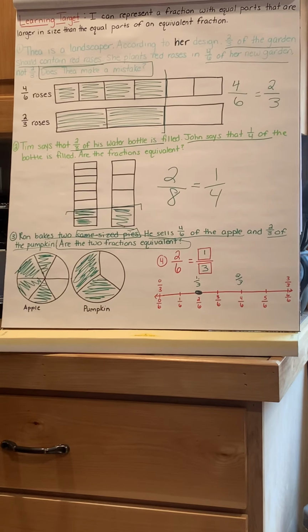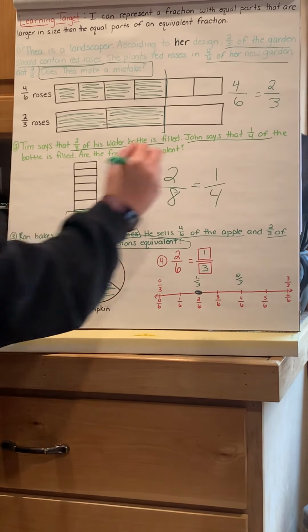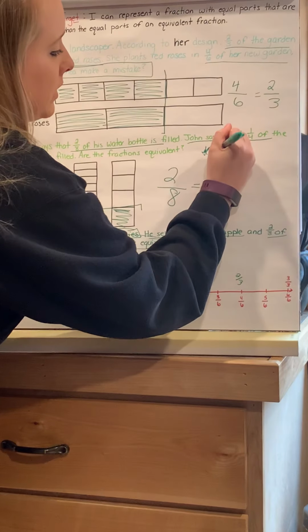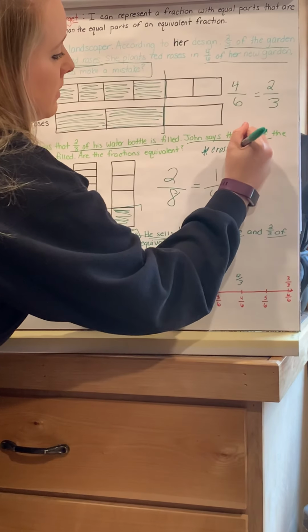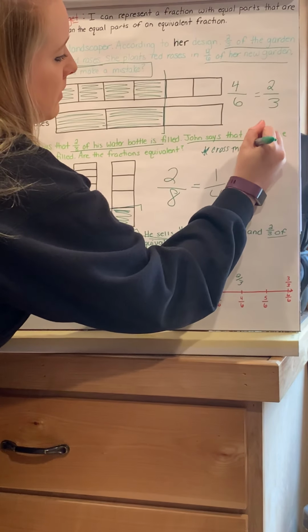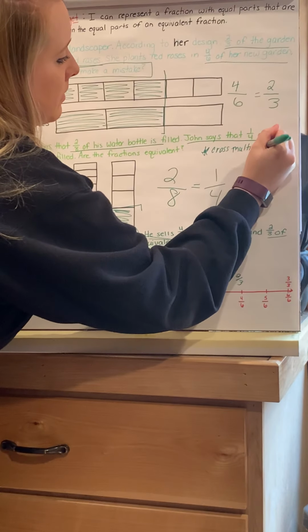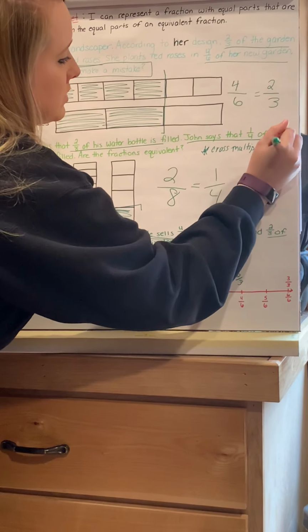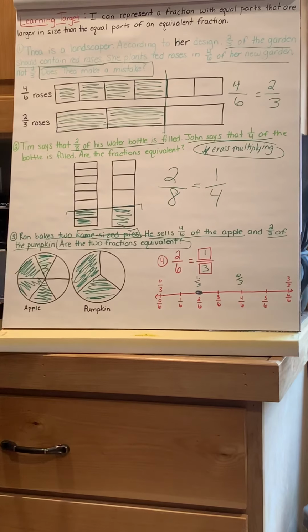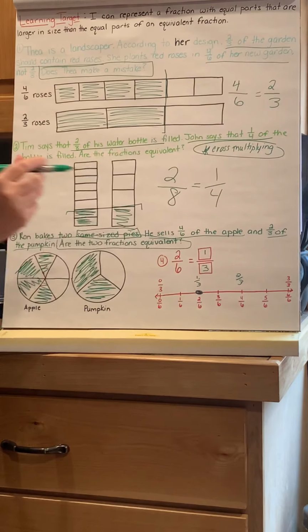Now, I also want to show you a different way you can tell if fractions are equivalent. It is called cross multiplying. This is how you can tell if two fractions are equivalent. So I'm going to go up to my 4/6 and my 2/3.